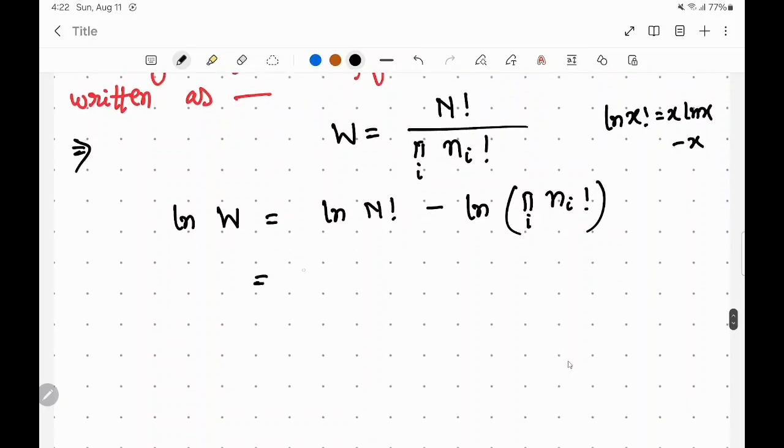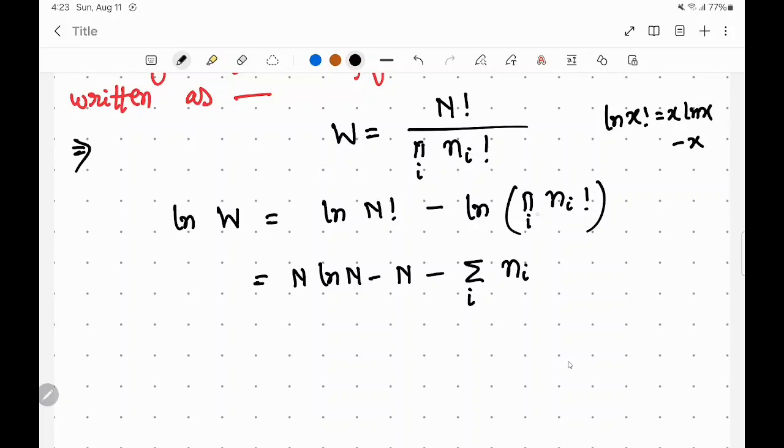So it will be N ln N minus N. And you see here that when you operate ln on the product, it will give us a summation. Okay, is it clear?